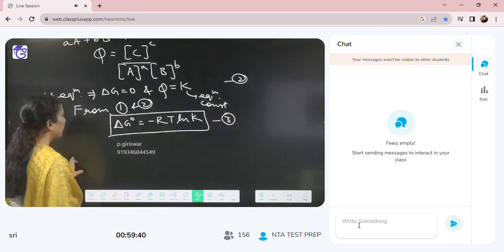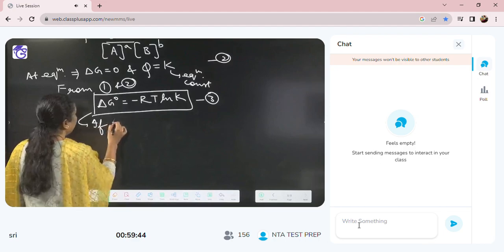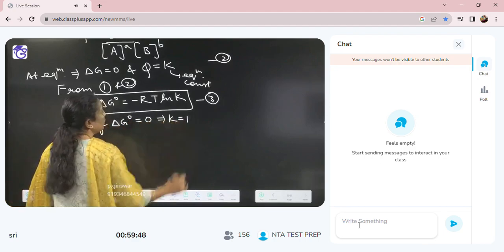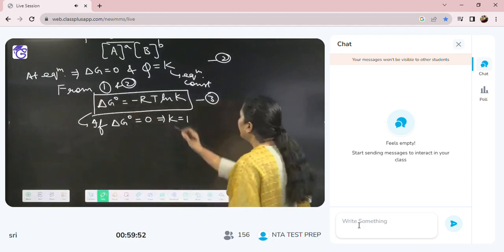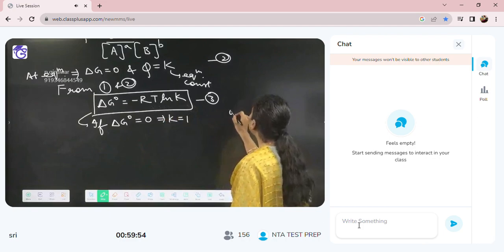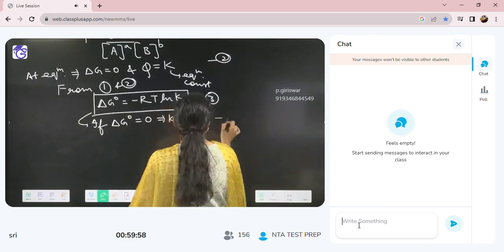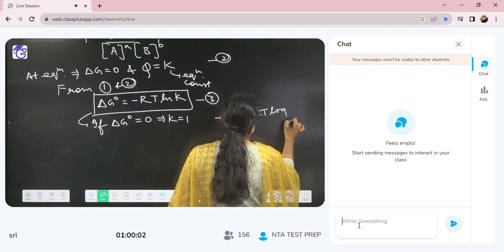Now, some important conclusions we'll draw from here also. If delta G naught is equal to 0, I say K will be equal to 1. Let us say I'm writing this as minus 2.303 RT log K, which is equal to 0.